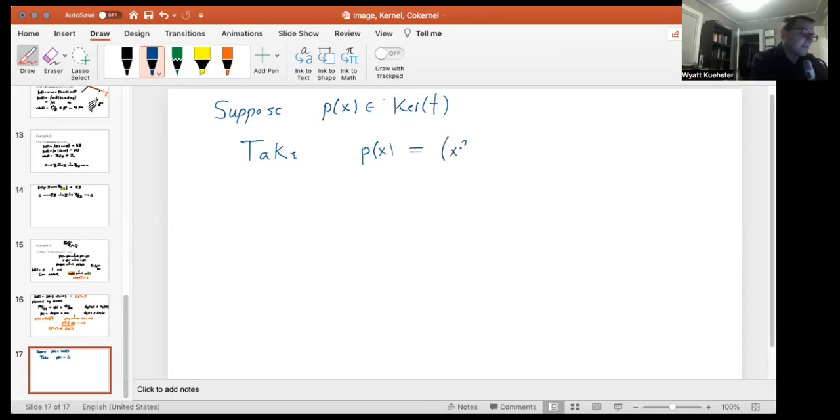Then I can write p of x equals x squared plus 1 times some quotient q of x plus some remainder term. But the degree of the remainder is less than 2, because that's the degree of x squared plus 1. So r of x has to be a degree 1 polynomial. It has to be ax plus b for some real numbers a and b.